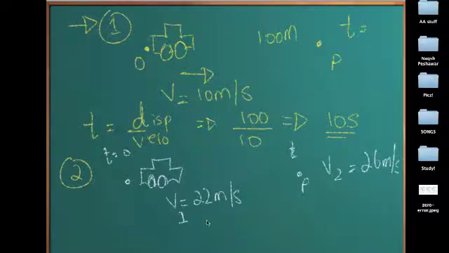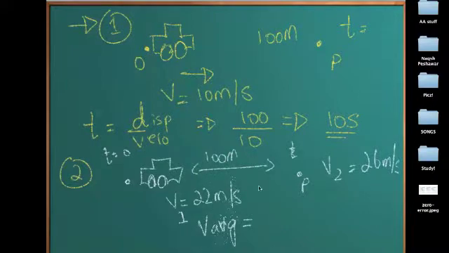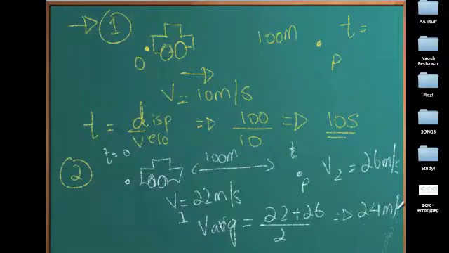Now, I will find the average velocity out of the two, because these are not the same and these are changing. To use this formula again, the distance is again 100 meters. I will have to find out the average velocity, which would be 22 plus 26 divided by 2, which is 48 divided by 2, which is 24 meters per second.